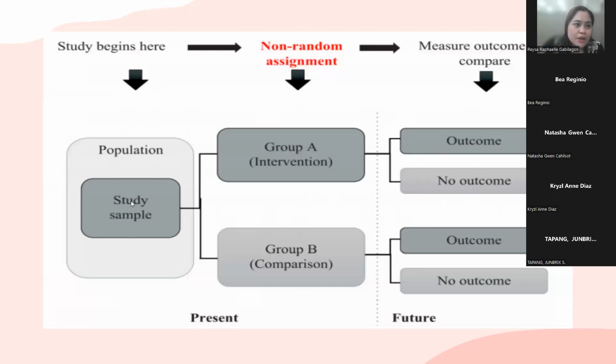You will still start with the population or the study sample, divide them into groups, and then check whether you will get the outcome or not. But what is absent here, again, is this one, non-random assignment. Okay? Pag hindi mo yan siya na-randomize, talagang hindi mo siya pwedeng tawaging true experimental research.